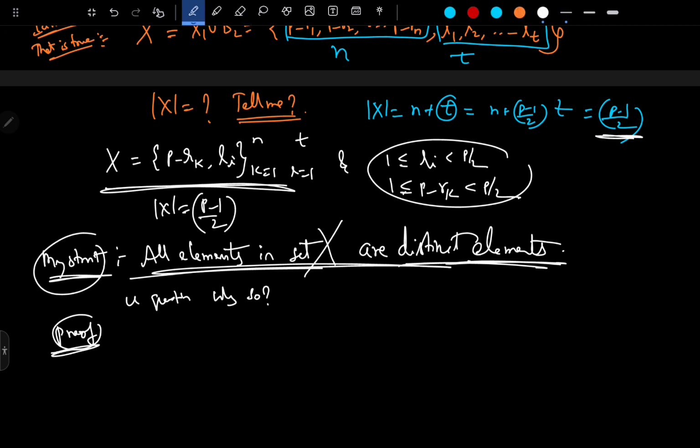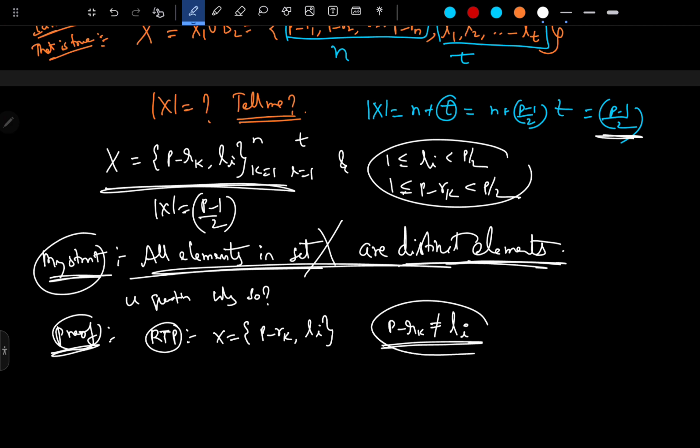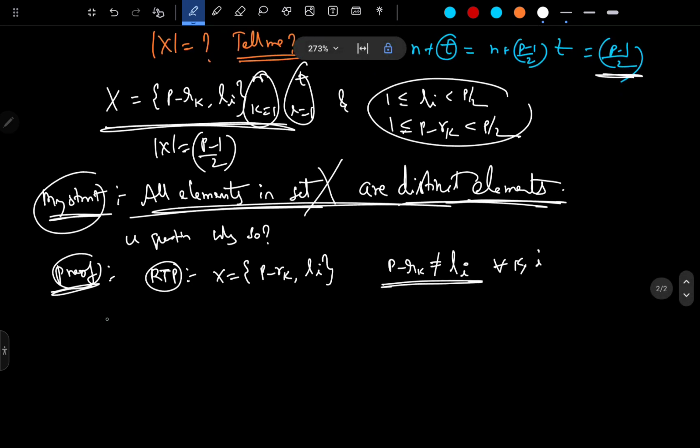In the proof step, every time you have to remember that RTP means required to prove. We have to prove that all elements in set X are distinct. X is P minus Rk, Li. So it means P minus Rk is not equal to Li. This is what you have to prove, for all k and l, where k ranges from 1 to N. Now I prove it like this.